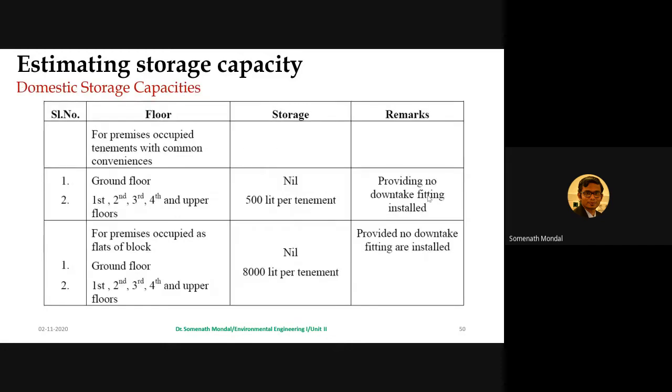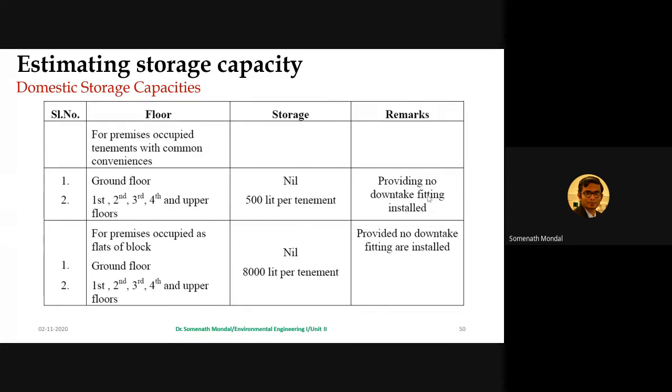Moreover, from the similar code, this particular table has also been taken, and here you can see the storage required depending upon the different types of floor. So for premises occupied as tenements with common conveniences, for the ground floor and first, second, third and fourth and upper floors, the storage required is 500 liters per tenement.